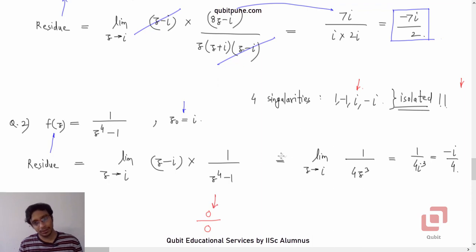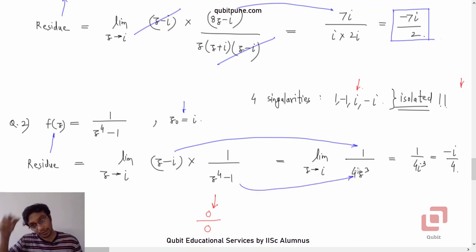So now apply L'Hospital's rule. The derivative of z minus i with respect to z will be 1, and the derivative of z to the power 4 minus 1 with respect to z will be 4z cubed. Now we can substitute z equal to i there.